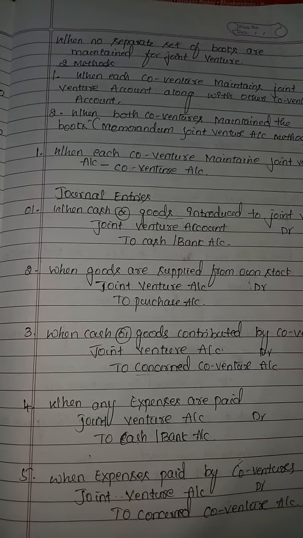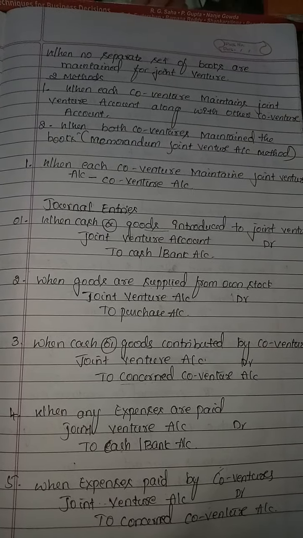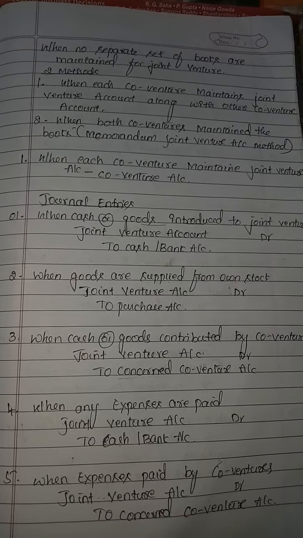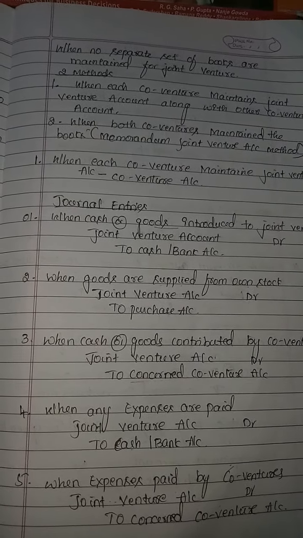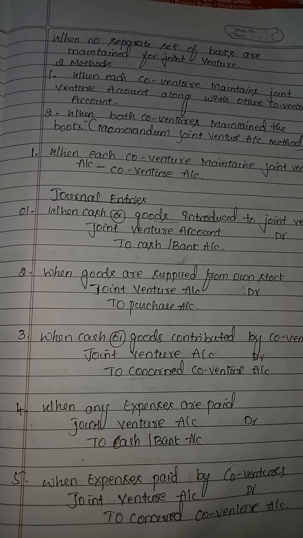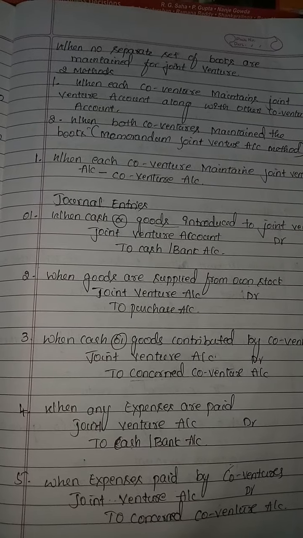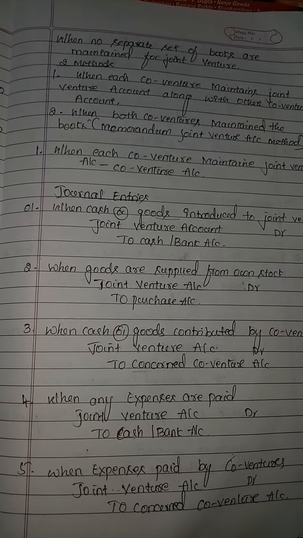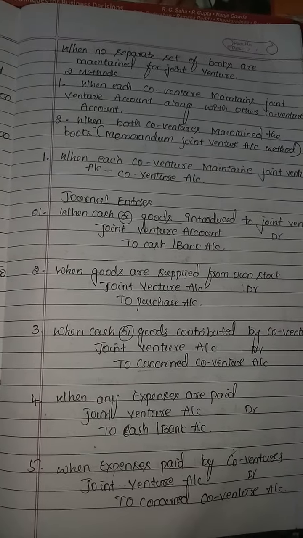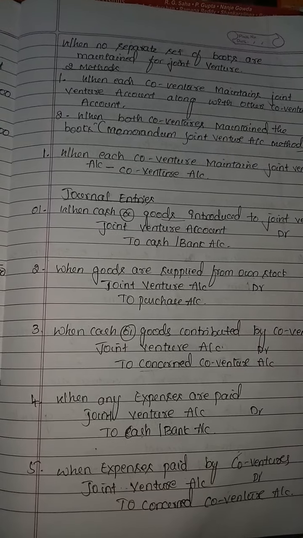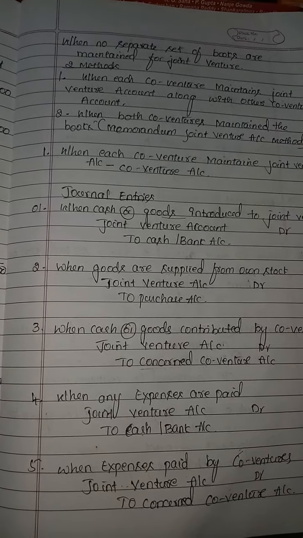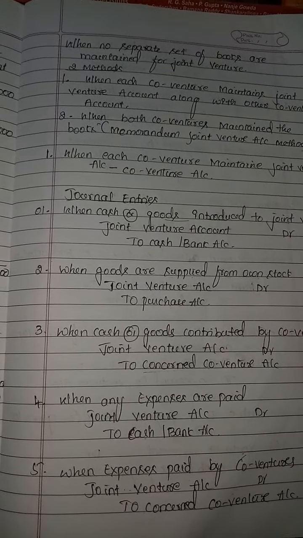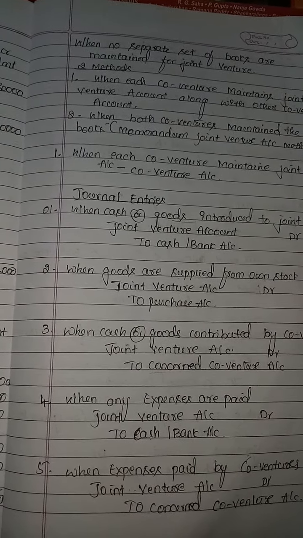The next one, when cash or goods are contributed by co-ventures. If any goods are contributed by co-ventures in the joint venture activity, at that time the entry will be joint venture account debit to concerned co-venture account. The next situation, when any expenses are paid in cash or bank, the entry will be joint venture account debit to cash or bank account.